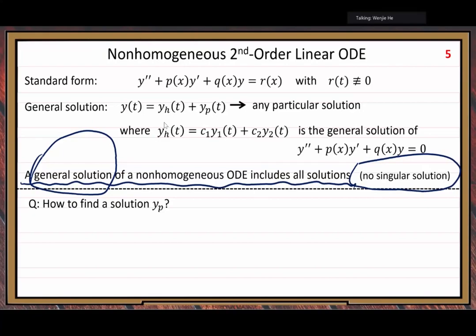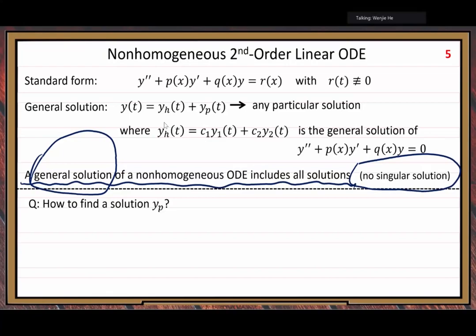Second, you cannot derive the singular solution from your general solution. What do I mean by derive? You can choose any C1 constant or C2 constant you want. You have freedom to choose C1, C2. But no matter how you choose them, you can never get that singular solution.